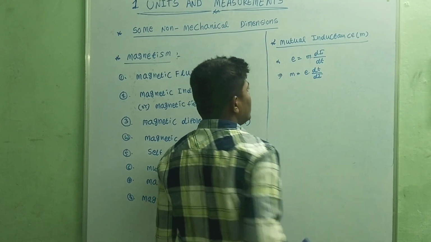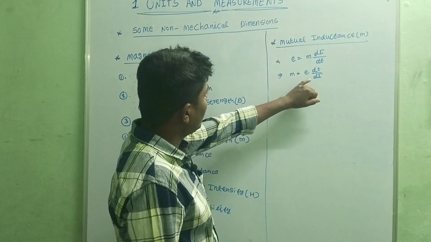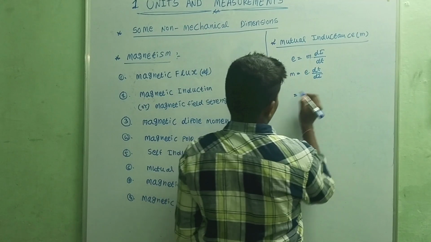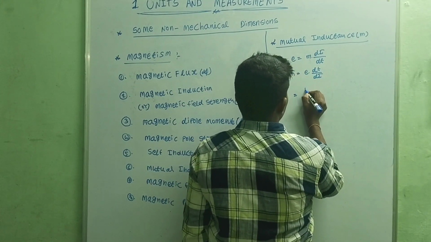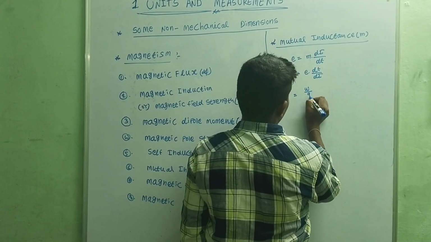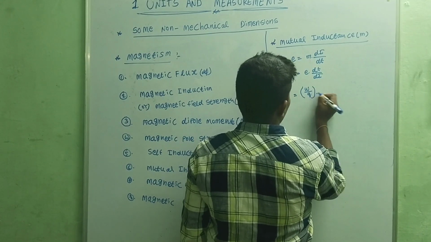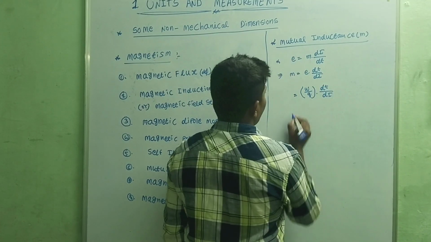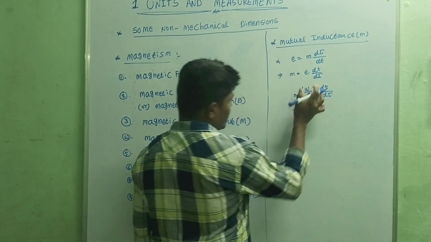Already we know the dimensions of EMF. E means work per charge, into dt by di. Now we write its dimensions.